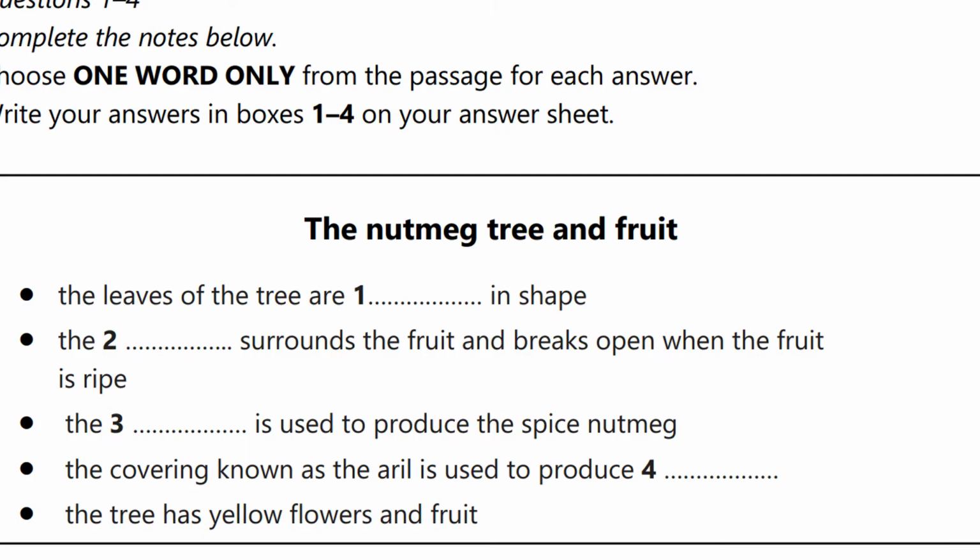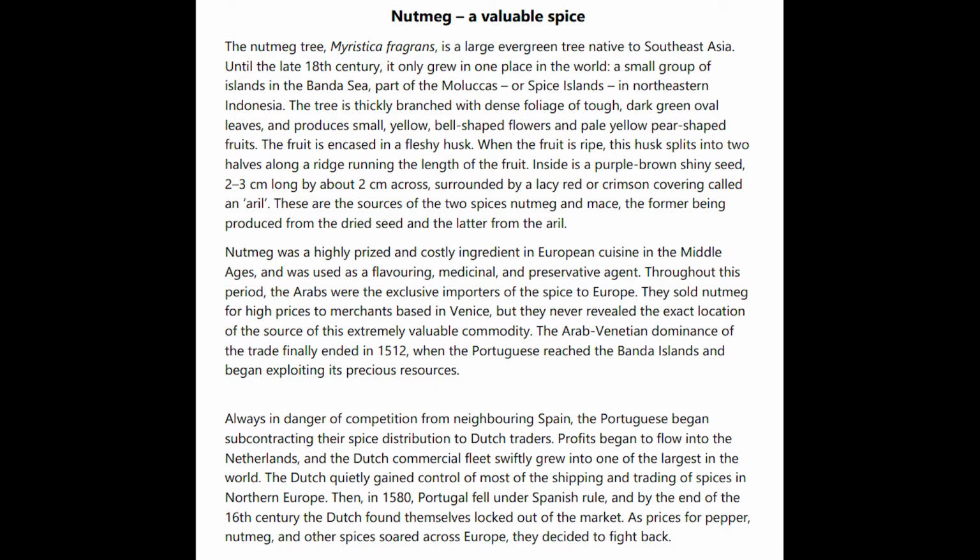Alright, this is a sentence completion question type. We need to bear in mind that the answers of these questions in the passage are in order. That means question 2 is after question 1, and the same goes on. The title is Nutmeg and the Fruit, so all the questions should be about nutmeg and the fruit. Okay, let's try to find the word nutmeg.